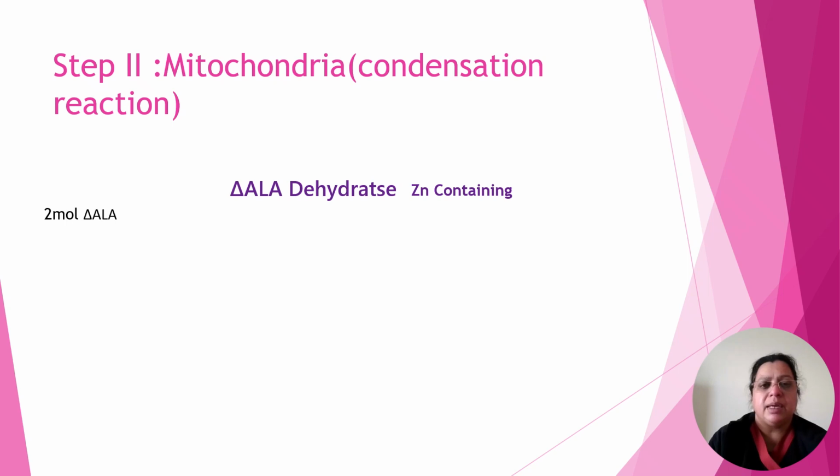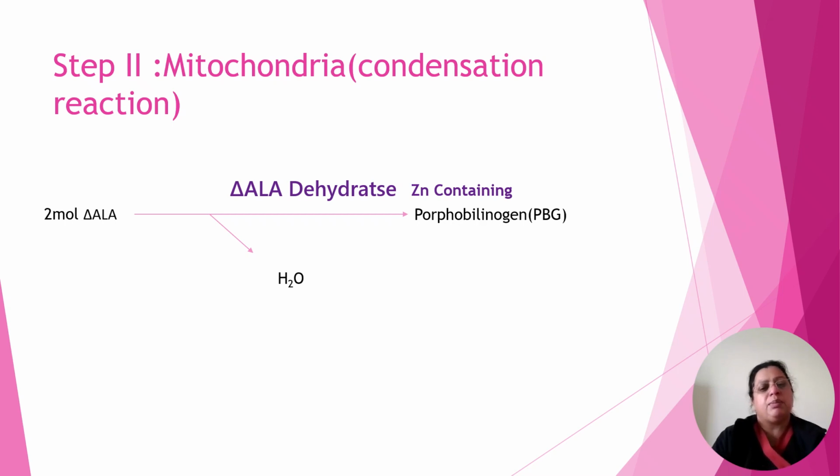This enzyme is a zinc containing enzyme. So zinc is important for the porphyrin synthesis. And it leads to the formation of porphobilinogen. The short form we'll be using is PBG, and one molecule of water is eliminated. So this is the condensation reaction occurring in the mitochondria, step 2 of porphyrin synthesis.